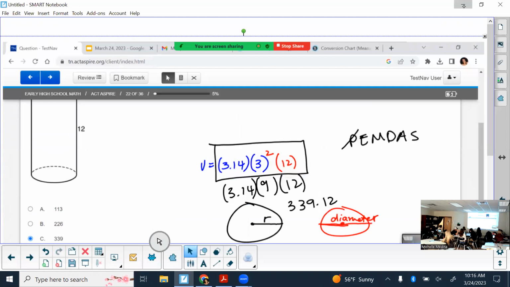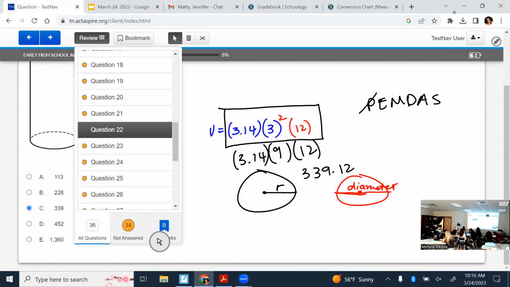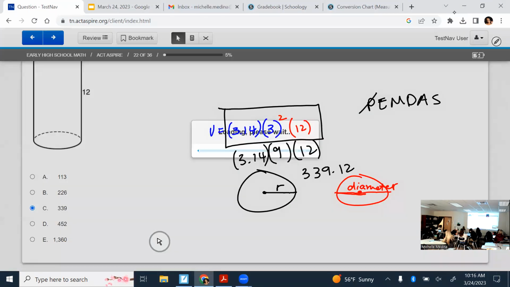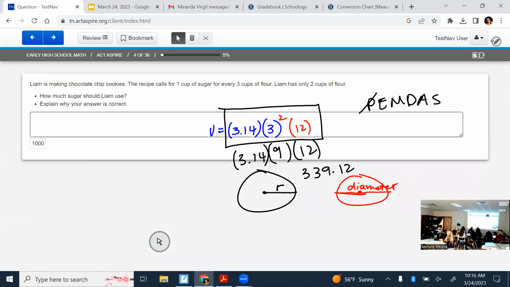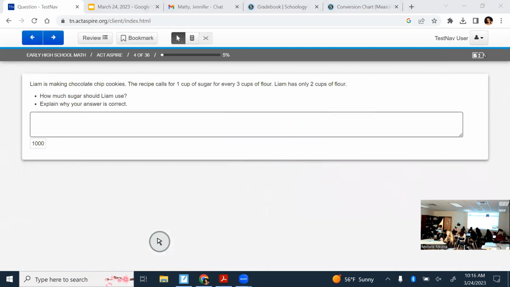Number 4. Okay. So Liam is making chocolate chip cookies. The recipe calls for 1 cup of sugar for every 3 cups of flour. Liam has only 2 cups of flour. So how much sugar should he use? So what I think would best work for this is a proportion.